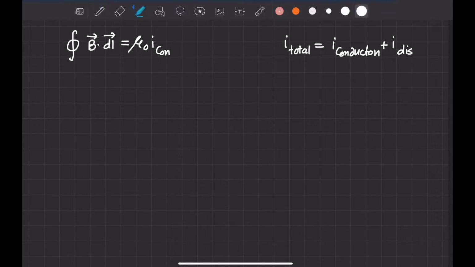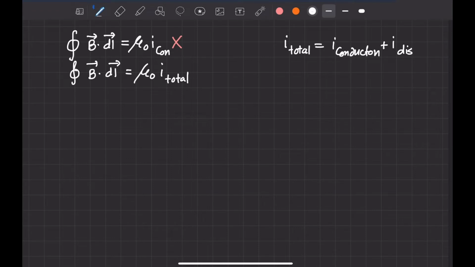So he said this equation is not exactly right, but instead it should be written this way: B dot dl is equal to mu naught I total, where total means mu naught I conduction plus mu naught I displacement.